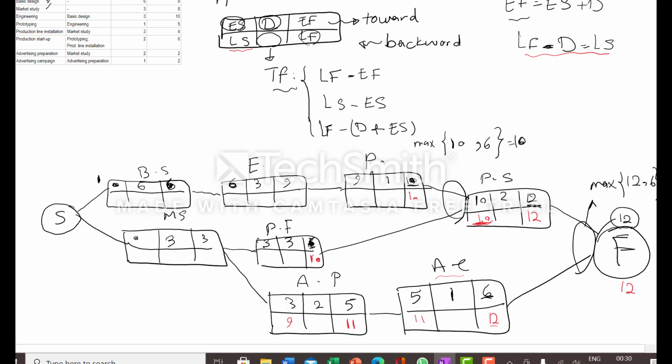From this activity we put 10. 10 minus 3 is 7.